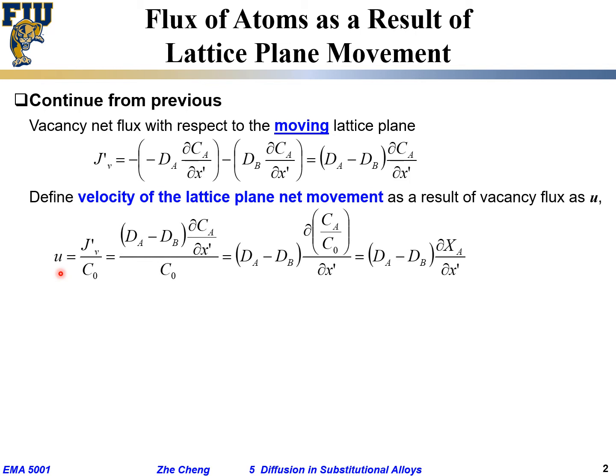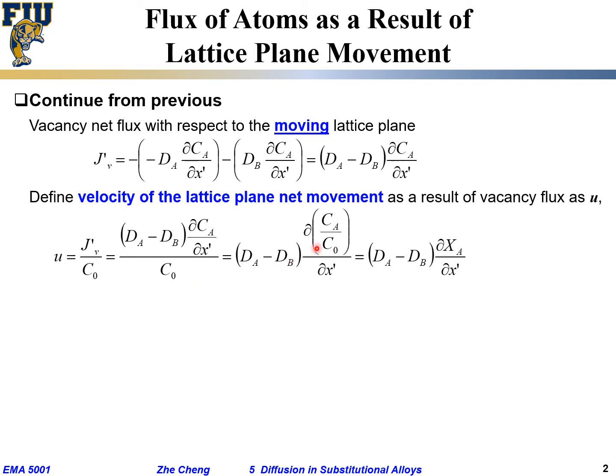Now it makes sense. Okay, and what is JV? JV from here is dA minus dB, partial differential of concentration with respect to the moving coordinate location, at C0. Make sense? So now we did some manipulation. What did we do? We put dA minus dB in the front, and C0 is a constant, right?